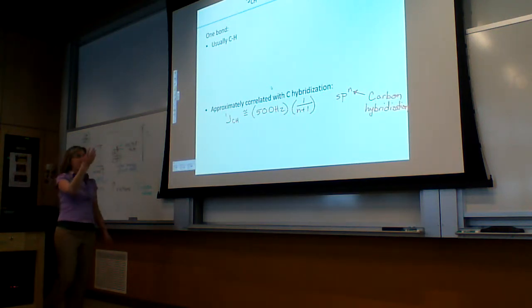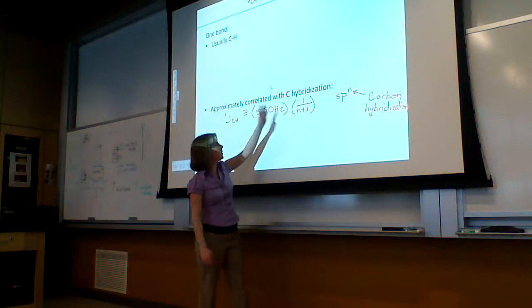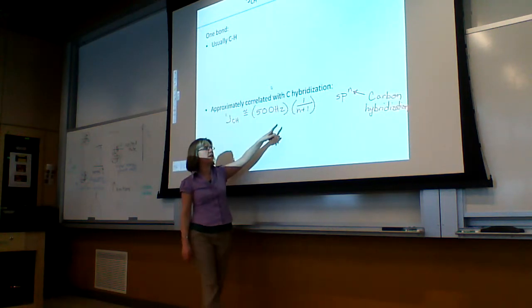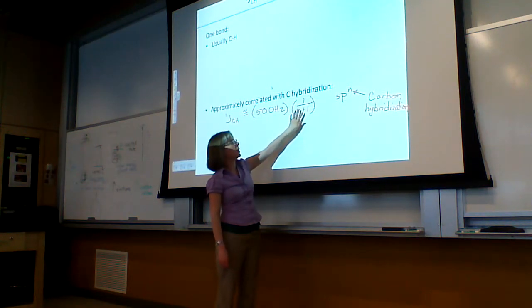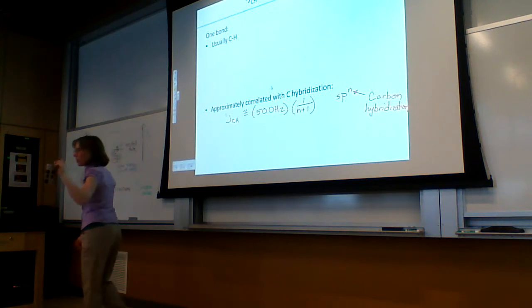So if n is 1, you're going to have 1/2 times 500, about 250. If n is 2, so we have an sp2 hybridized carbon, it's going to be 1/3 times 500, so it's a slightly smaller coupling.